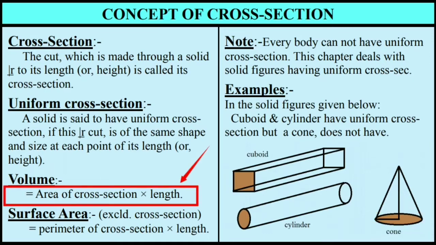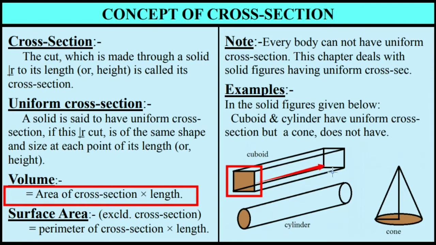The formula says that the volume of a solid figure is the area of cross section multiplied by its length. In case of this cuboid, as I said, this shaded square area is the cross section of the cuboid, and this line I am showing using an arrow is the length of the cuboid.